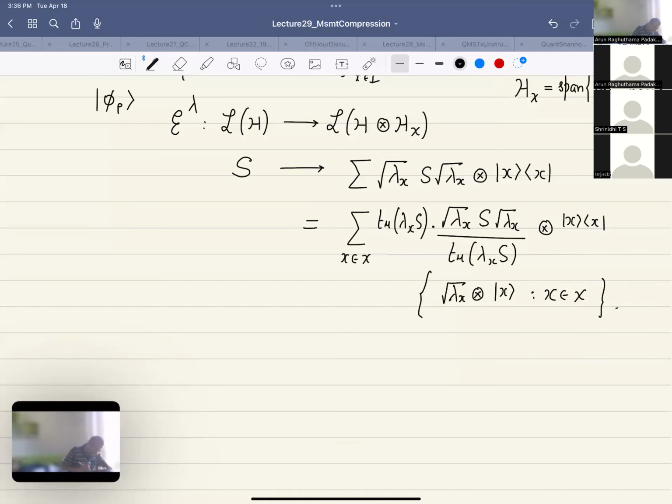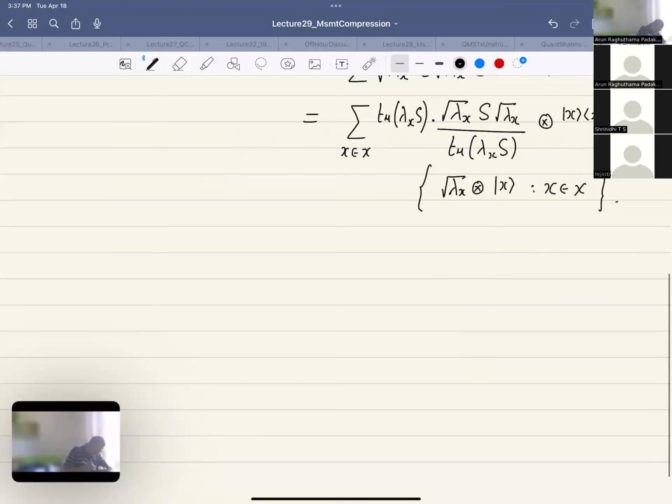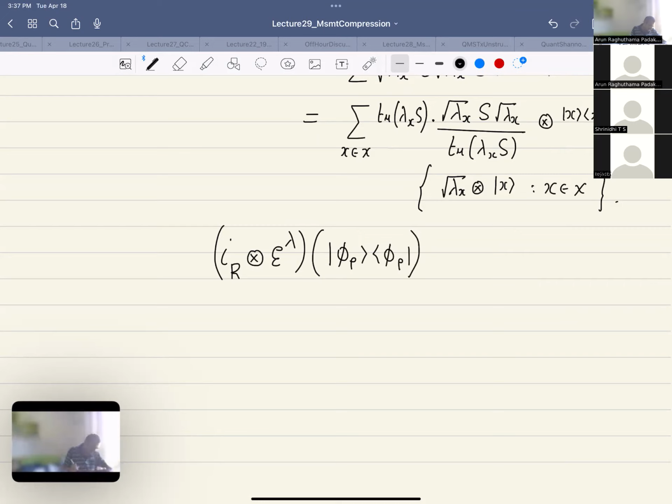Okay, what am I looking at? When I make the measurement, how does the entire system evolve? The reference space remains as is. I'm applying the map E lambda on a purification phi rho.